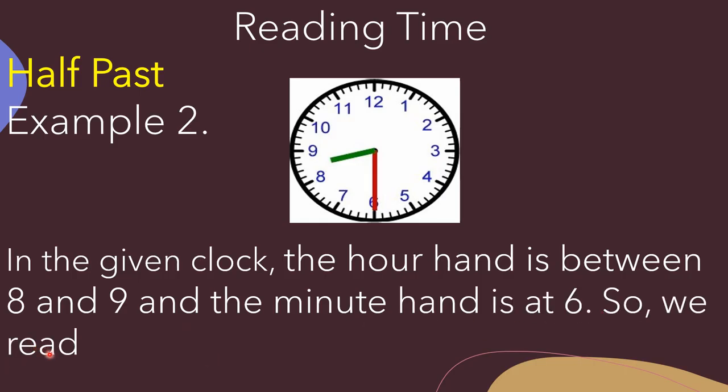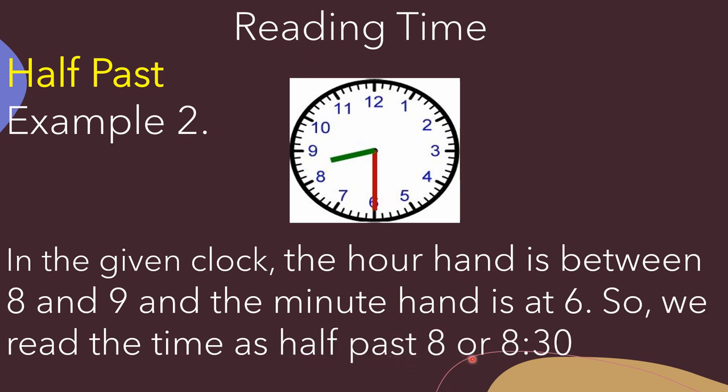So we can read the time as half past 8 or 8:30. Here we multiply 6 by 5 to make minutes, that is, 6 fives are 30. So 8 hours and 30 minutes. Okay.